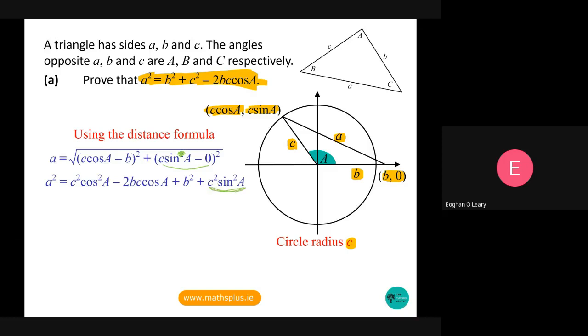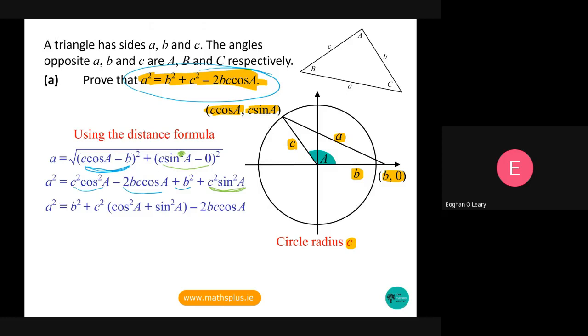Our bracket over here on the left-hand side is a little bit more difficult than that. Again, if you know it, you've done it a number of times, you're going to be fine with it. We square the first one, so c cos A becomes c squared cos squared A. We square the last one, minus b squared becomes plus b squared. And then we multiply the first times the last and double it, we get minus 2bc cosine A. So you look at what you have, you look at what you want, and you work towards it.